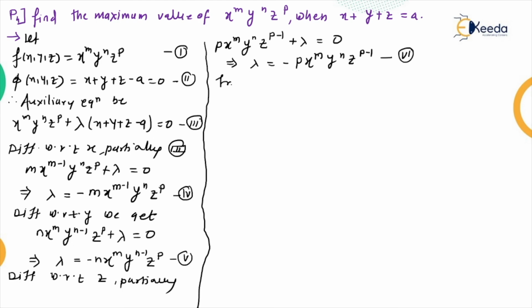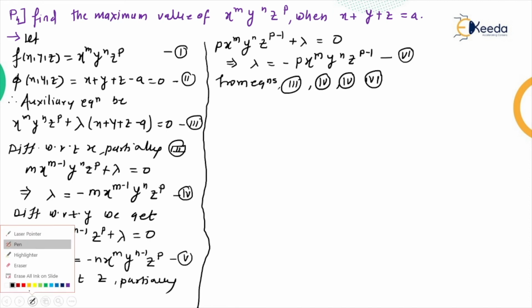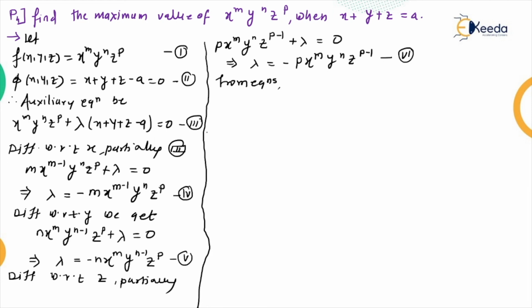From equations 4, 5 and 6, we get these values of lambda.